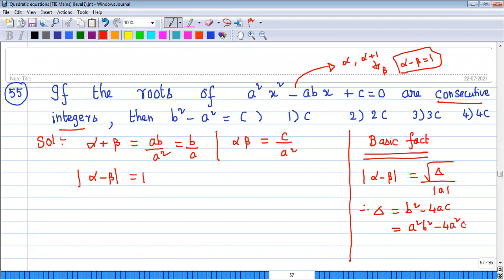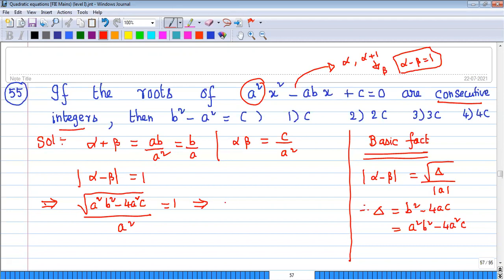Let us substitute here now. This will be root of a square b square minus 4a square c upon mod of a square. A square is positive only. That will be a square equal to 1.